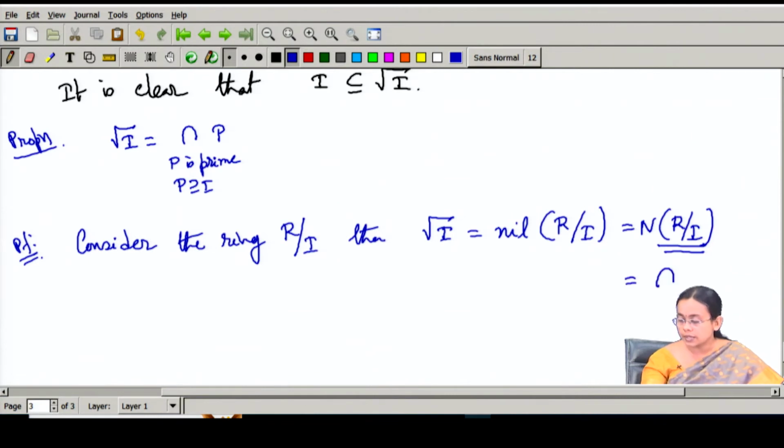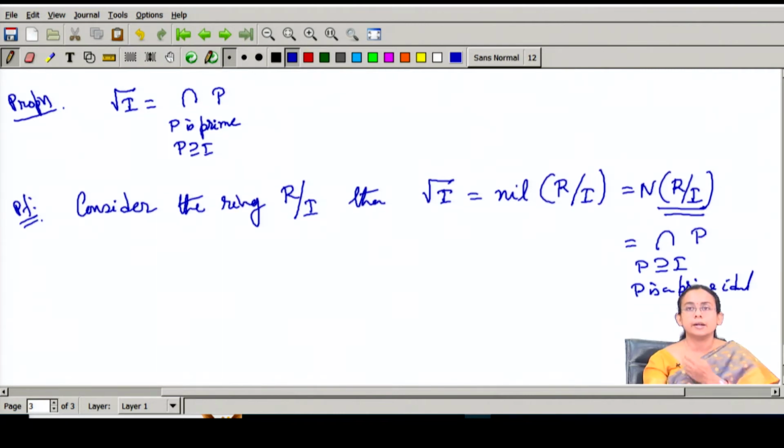So, this is the intersection of all the prime ideals P such that P contains I and P is a prime ideal.